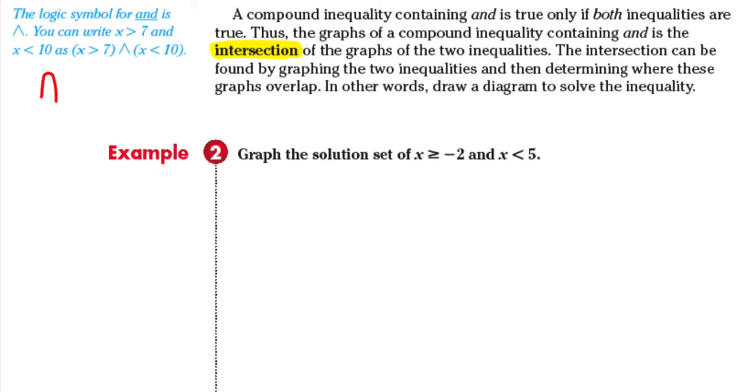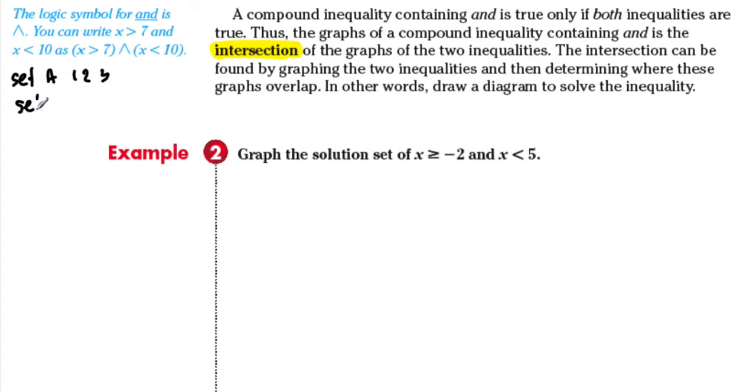Let me give you an example of what intersection is. Let's say you have set A. Let me erase this intersection sign. Let's say set A is a group of numbers 1, 2, and 3.